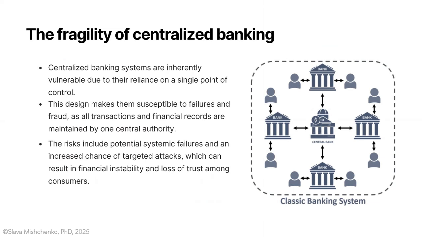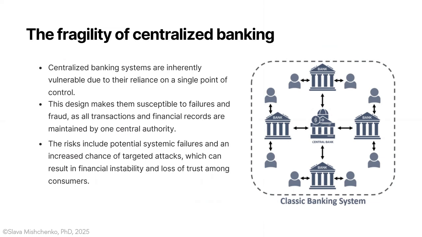Moreover, the centralized nature makes these systems particularly attractive targets for fraud. For example, hackers only need to breach one central point to potentially compromise millions of accounts. I've analyzed numerous cases where this exact vulnerability led to massive data breaches and financial losses.